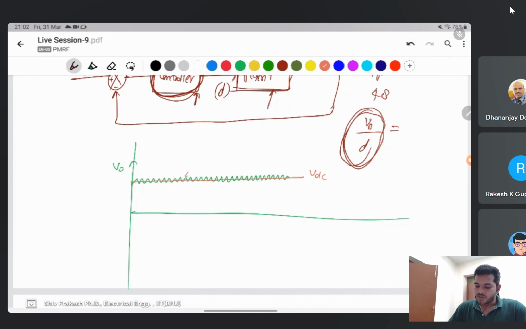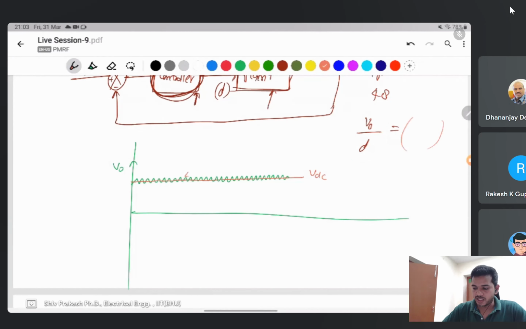If you read in the book also, you can take help from the book and analyze the small signal model of the buck converter, boost converter, or any converter to design a controller. You can design a controller only if you know the transfer function of the plant, the converter transfer function with respect to output voltage to duty ratio.